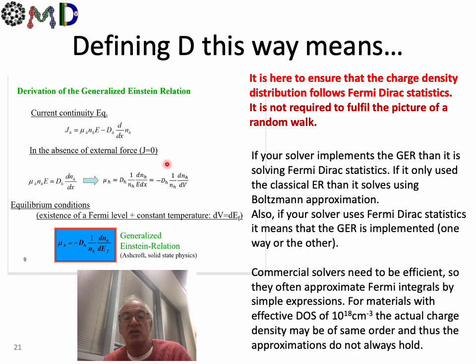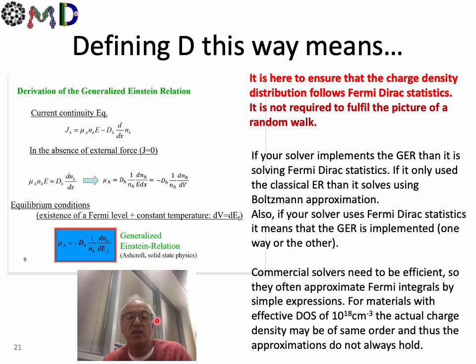Lastly, just a word of caution if you are running simulations. The good thing is that although the generalized Einstein relation doesn't really appear in many simulation programs, they do include a flag that allows you to use Fermi-Dirac statistics, and this is really the same. If Fermi-Dirac statistics are obeyed, then one way or the other, the generalized Einstein relation is also being implemented.